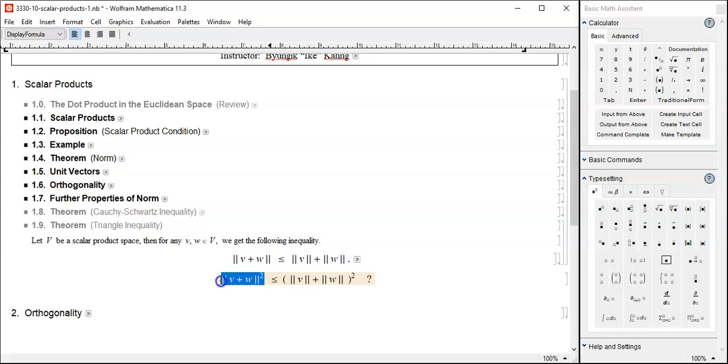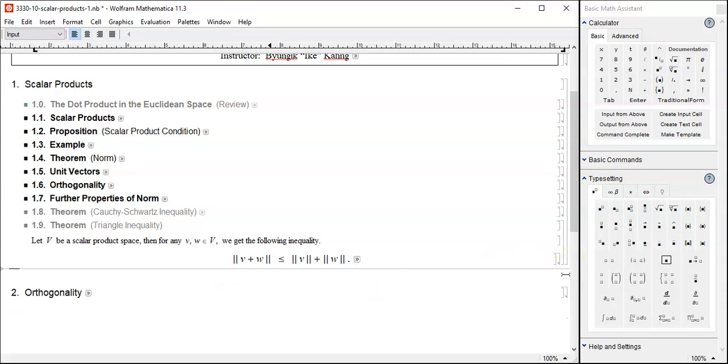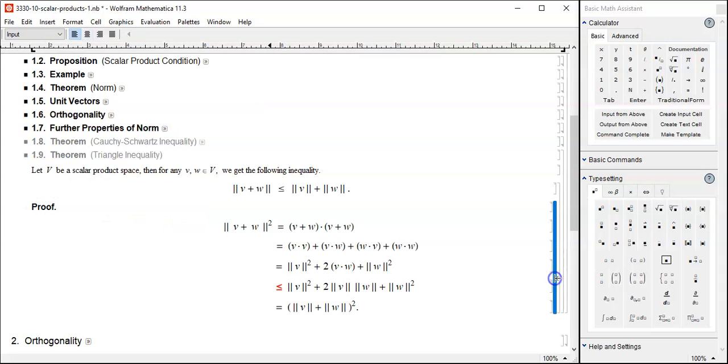And from here, you can put it into the definition of the norm, right? The norm squared is the scalar product of itself, and then work it out from there. Well, here we go. Here's the proof. First line, what do we have? We have the scalar product of v plus w and v plus w, fine.